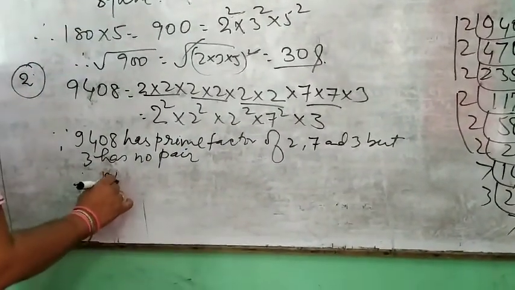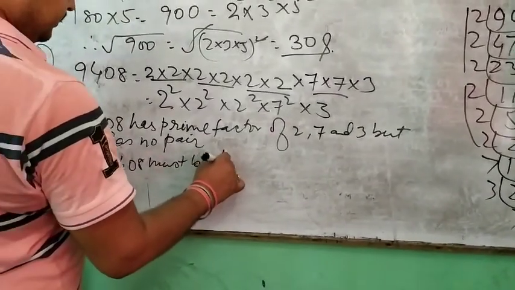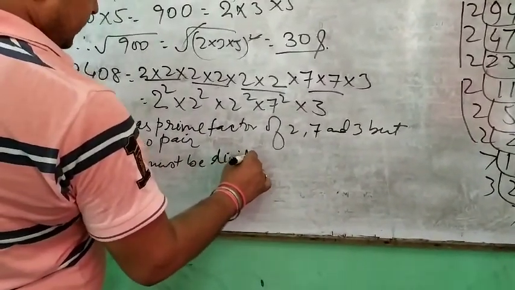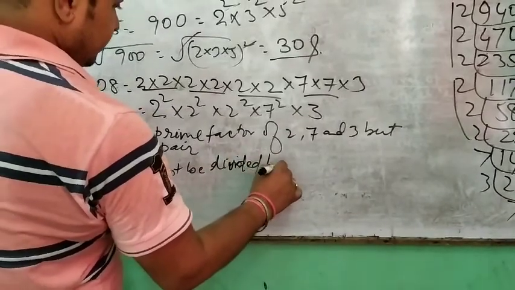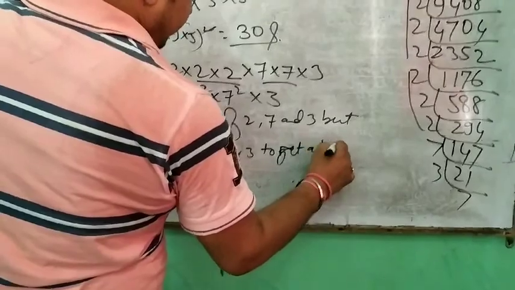So 9408 must be divided by 3 to get a perfect square.